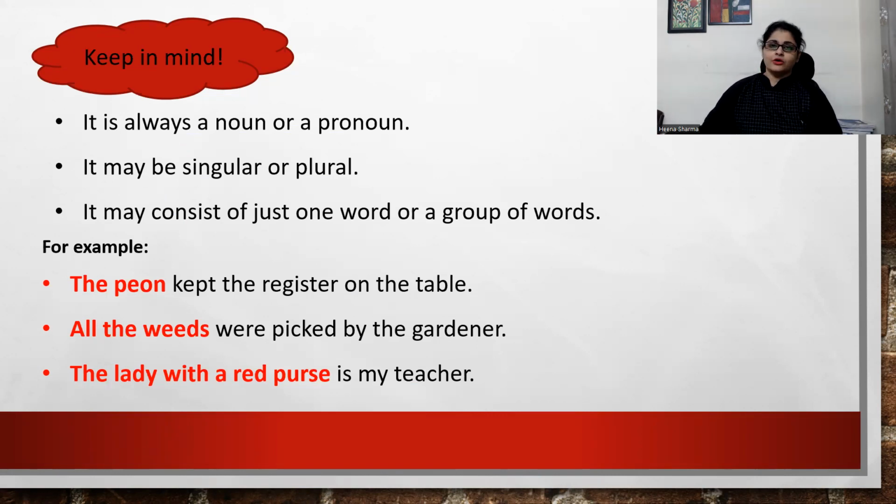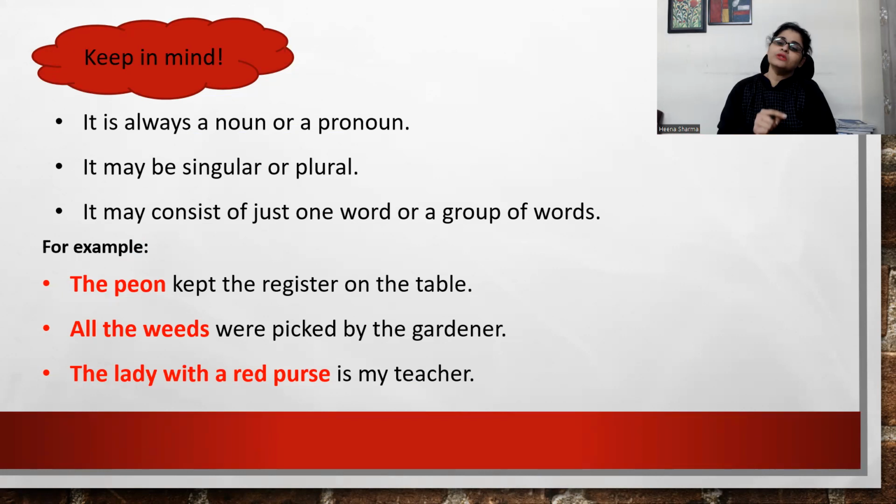It may be singular or plural. It is not a compulsion that a subject is always going to be singular or it can always be plural. You may have a singular subject, you may even have a plural subject. Another important pointer, subject may consist of just one word or a group of words.